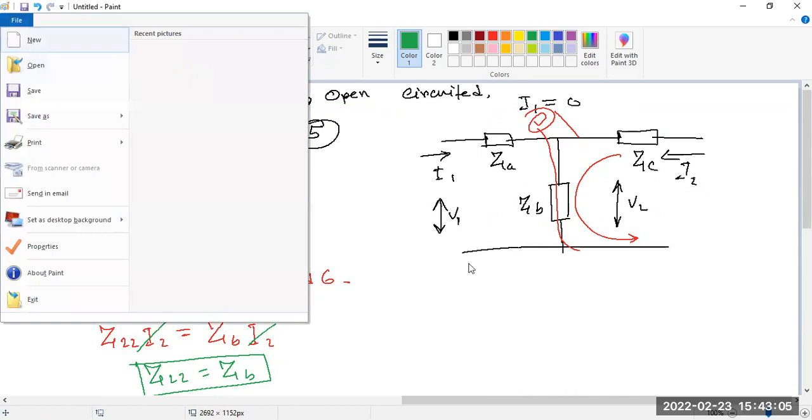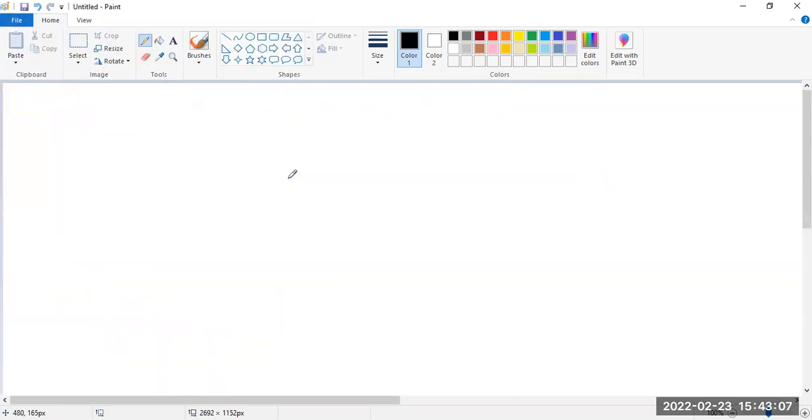So if we give the proper name, just recall this thing because so many times this type of questions are coming. That is, what is Z11, sorry, Z21, Z12, and Z22.